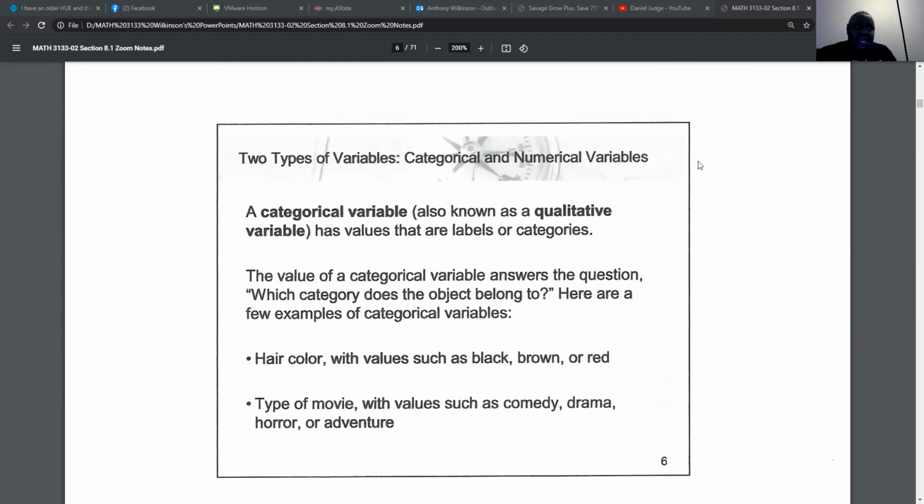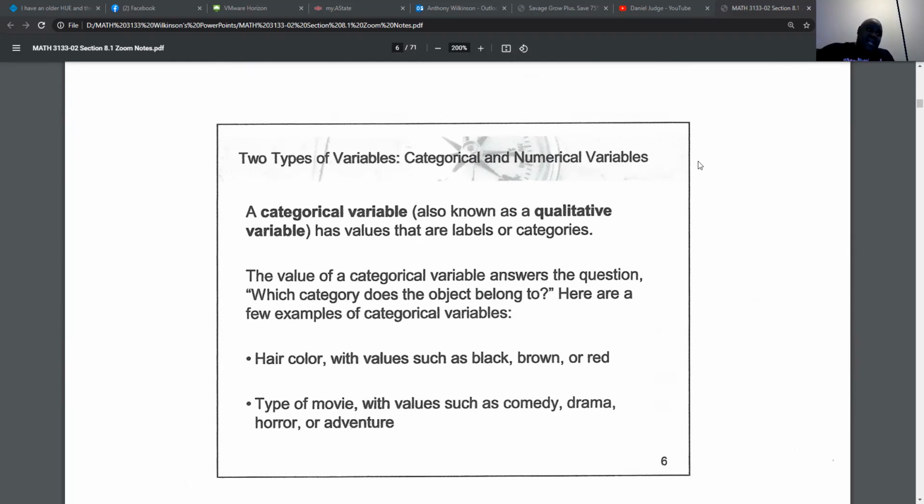Okay, now let's look at the 2 types of variables here. One of them is a categorical variable. Sometimes it's known as a qualitative variable. Okay, that has values that are labels or categories. So here, the value of a categorical variable answers the question, which category does the object belong to?